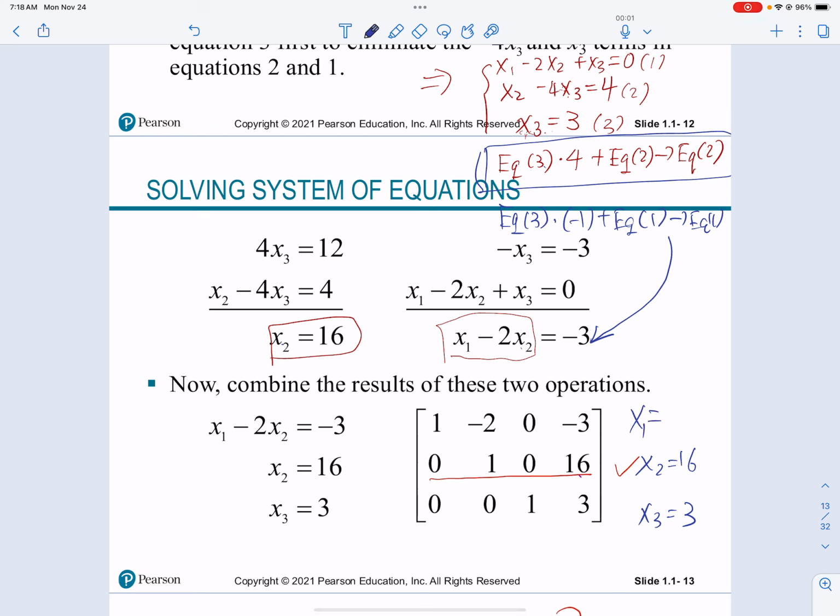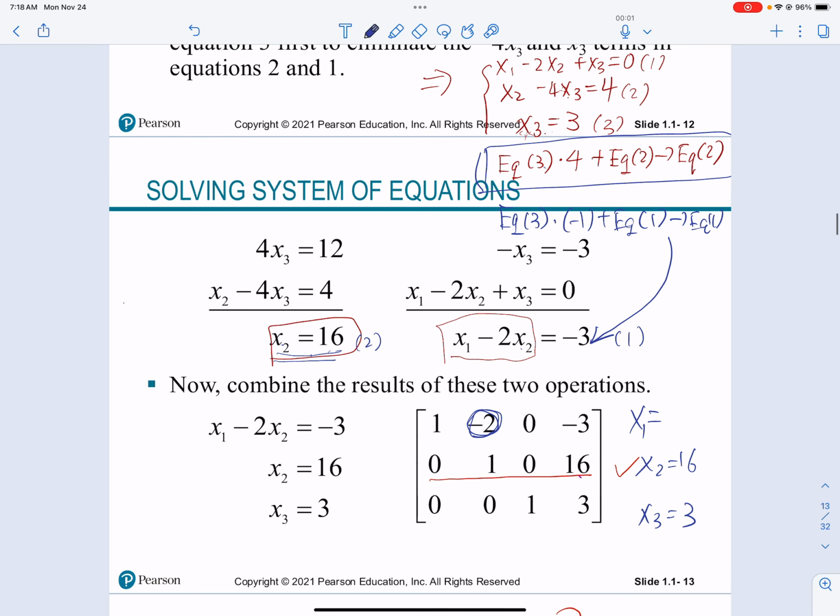What is our dream? We wanted x1 equal to something. Are you with me? If you directly want x1 equal to something, what do you want to get rid of? This negative 2. Are you guys with me? So how could you get rid of this negative 2? You have x2. This is your new equation 2. This is your new equation 1. Are you guys with me?